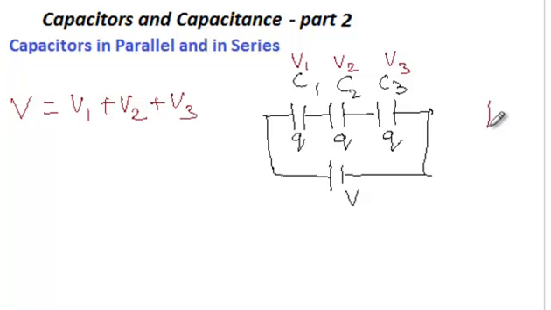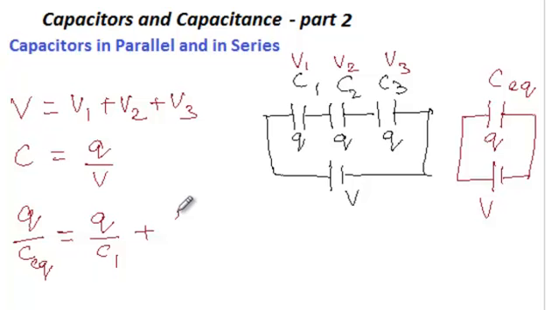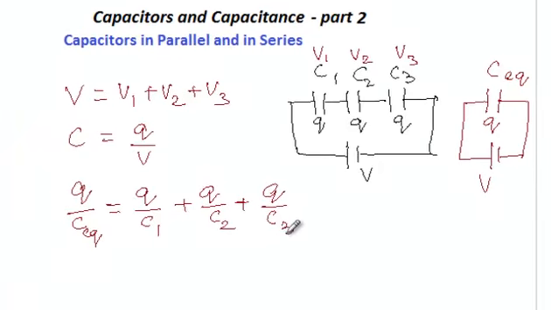If we replace this combination with a single equivalent capacitance, the charge on that capacitor is Q and the voltage across it is V. Since we already know that C is equal to Q by V, we can put V equal to Q by C equivalent, which is equal to Q over C1 plus Q over C2 plus Q over C3.